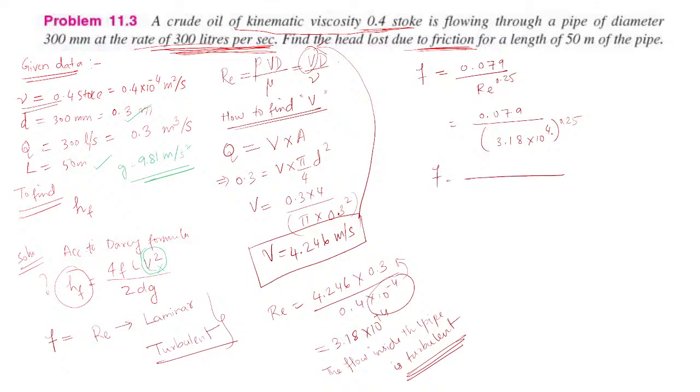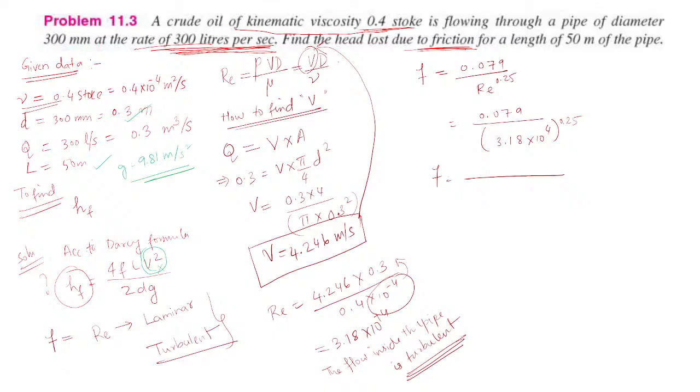Now if I ask what will be the unit for this coefficient of friction? Of course, any coefficient has no unit, okay, keep this in your mind. The Reynolds number also has no unit, so when you look at this equation you can predict that the coefficient of friction also has no unit. You get this value once you solve this particular equation.